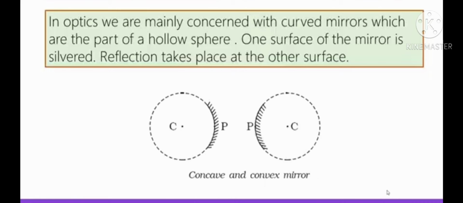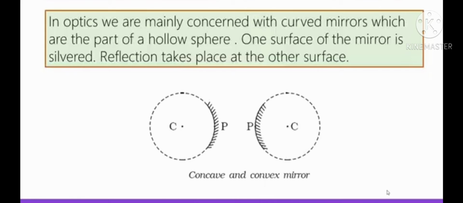The mirrors we can make by these curved surfaces are two types: concave mirror and convex mirror. These curved mirrors are also known as spherical mirrors. Here we can know how the convex and concave mirrors are made. Let me explain that.